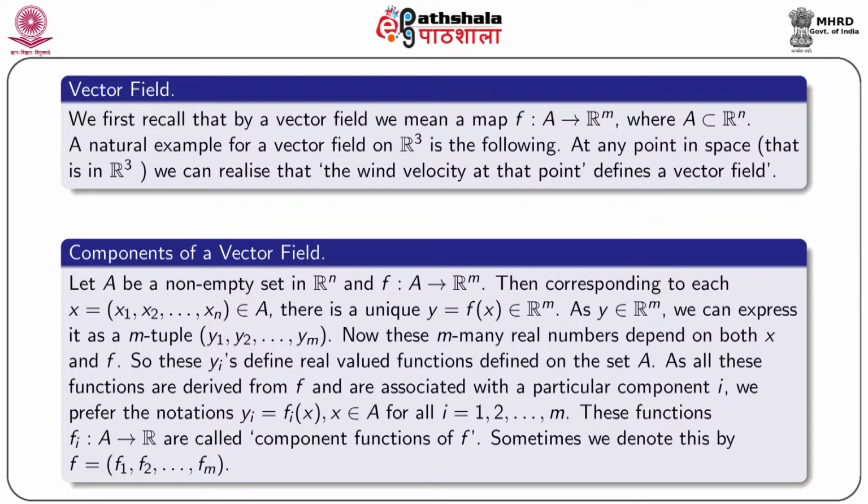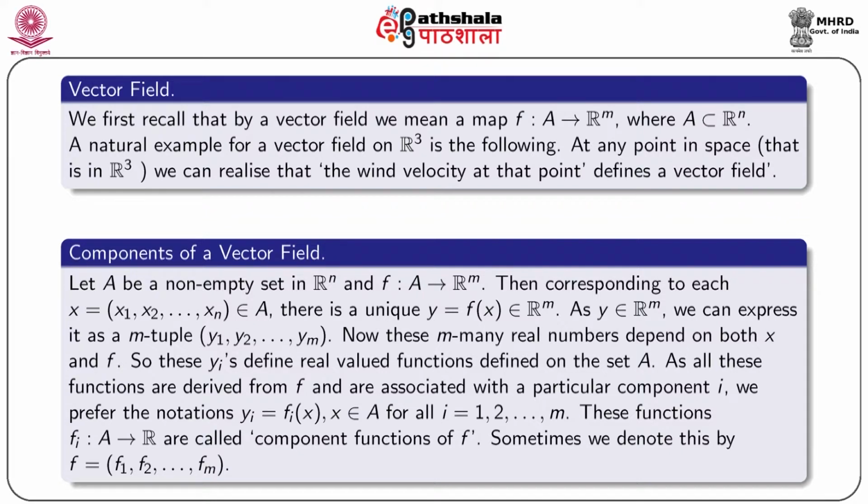A natural example for a vector field on R3 is the following. At any point in space, the wind velocity at that point defines a vector field. Instead of the velocity of the wind, if we consider temperature, we would have a scalar field.